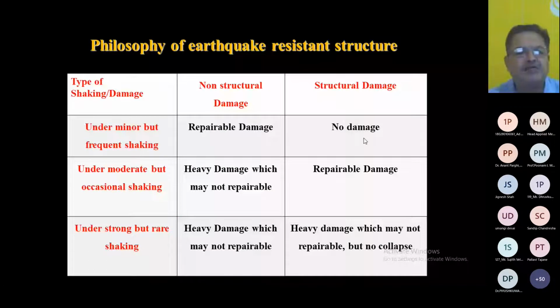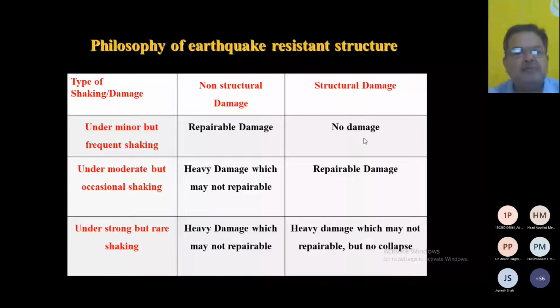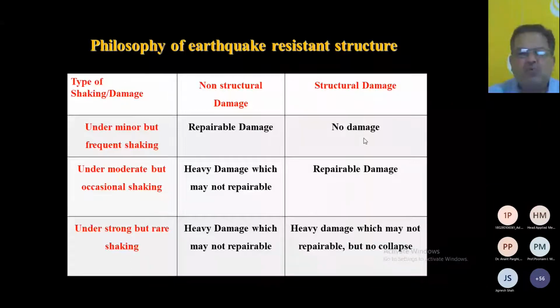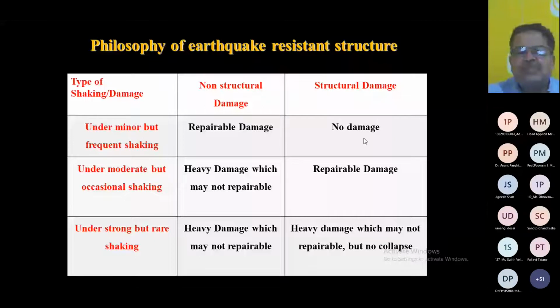It is a three-step philosophy. Under minor but frequent shaking, generally we talk about non-structural damage, not structural damage. During minor shaking, which is quite frequent, the energy released during the earthquake is less, and our structure is able to absorb that energy, and therefore we are not expecting any structural damage.